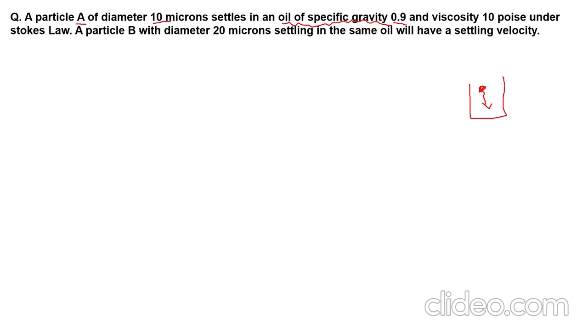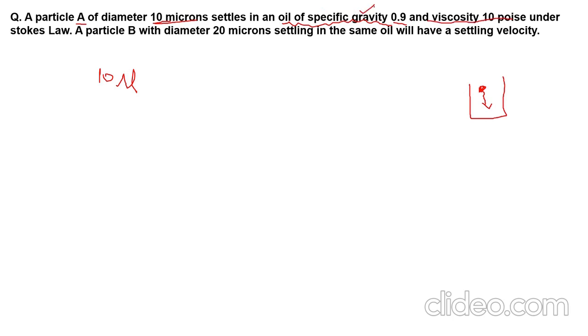It says that a particle A of diameter 10 microns settles in an oil of specific gravity 0.9 and viscosity 10 poise. So you are given some characteristics for the fluid, which has a specific gravity of 0.9.